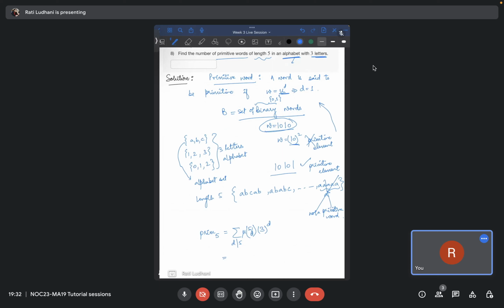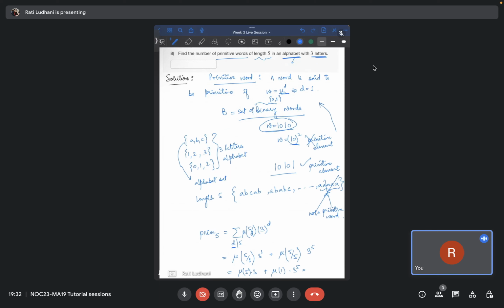Here what are all the elements for D? You have 1 or 5. So you will have 5 by 1, 3 raised to power 1 plus 5 by 5, 3 raised to power 5. So you'll get mu 5 into 3 plus mu 1 into 3 raised to power 5.